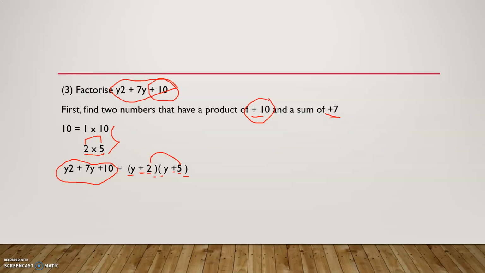If we multiply these two numbers, we get positive 10, and if we add these two together, we get positive 7. So this is our answer. To check whether it's correct, if we expand these two brackets, we should get this term. That's how we can factorize quadratic equations.